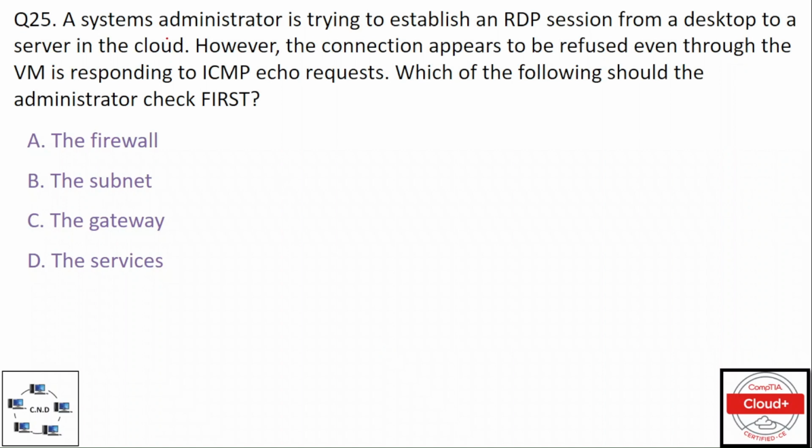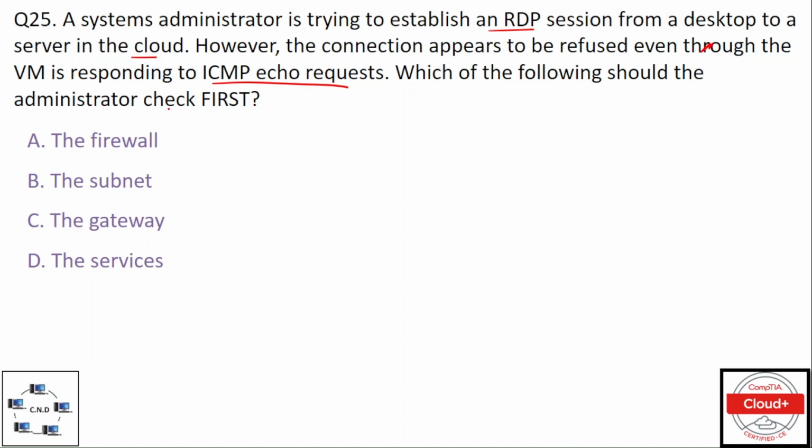Question number 25. A system administrator is trying to establish an RDP session from a desktop to a server in the cloud. However, the connection appears to be refused even though the VM is responding to ICMP echo requests.